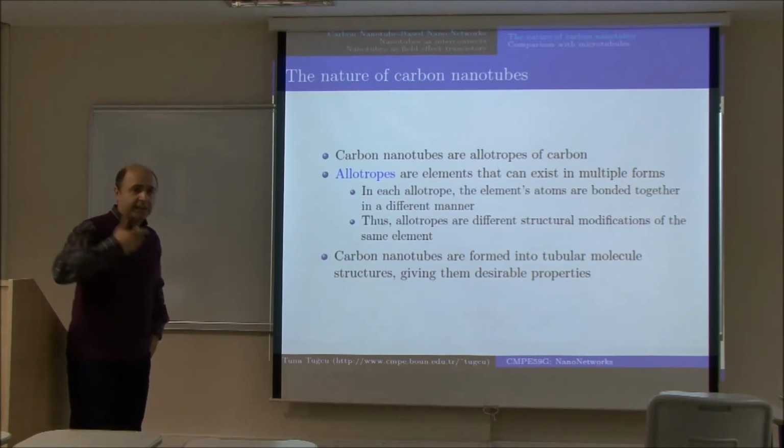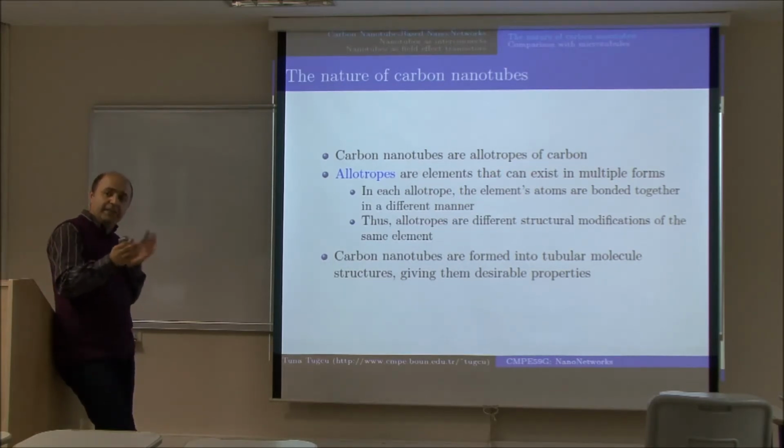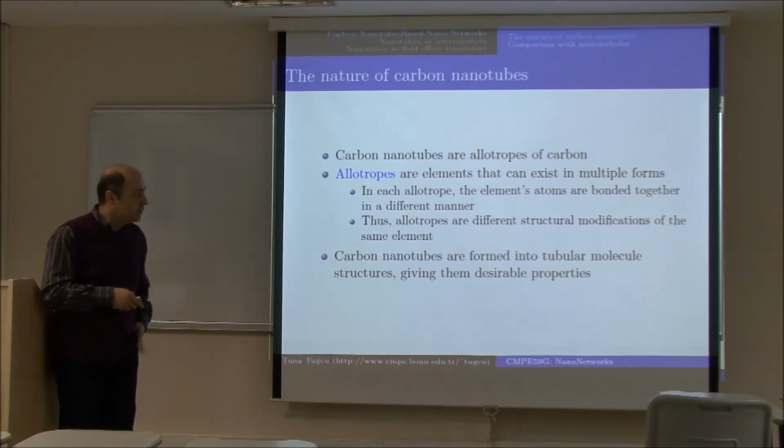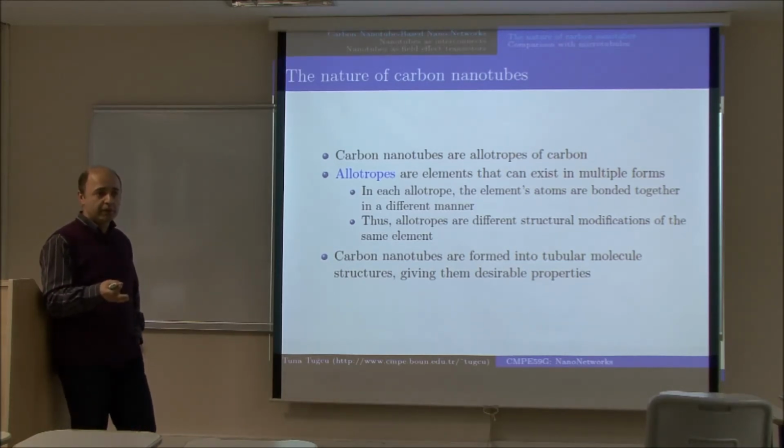So, what are these carbon nanotubes? Carbon nanotubes are actually allotropes of carbon. Allotropes are the elements that can exist in multiple forms. In each allotrope, that element's atoms are bonded together in different ways. Each one would be a different allotrope of that molecule.